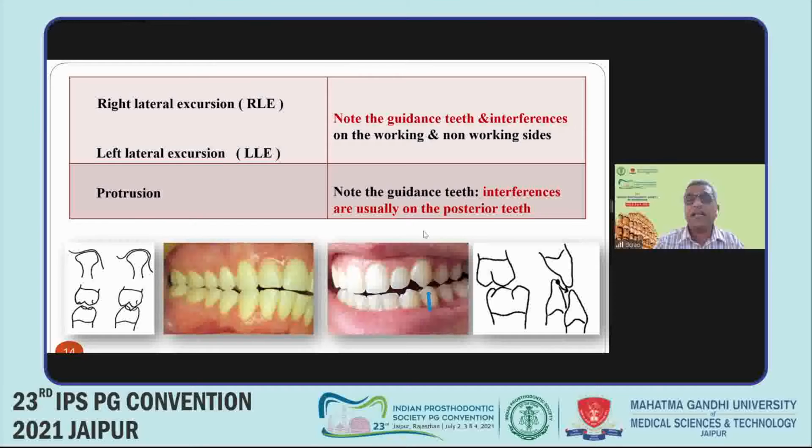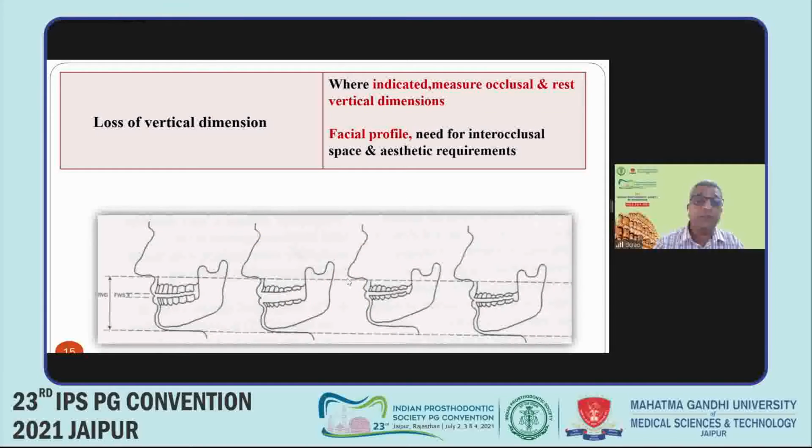Lastly, another one is the loss of vertical dimension, where you have to go for extensive procedures or full mouth rehabilitation cases, where you all know the Tanner and Misserian classification. This is illustrated through this diagram, depending on the interocclusal space, as class 1, class 2, and class 3.